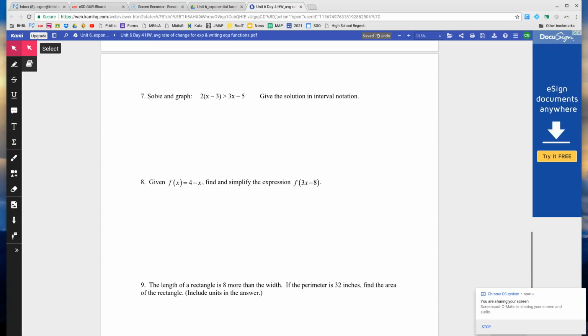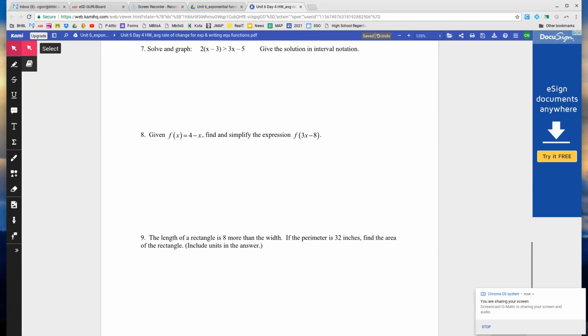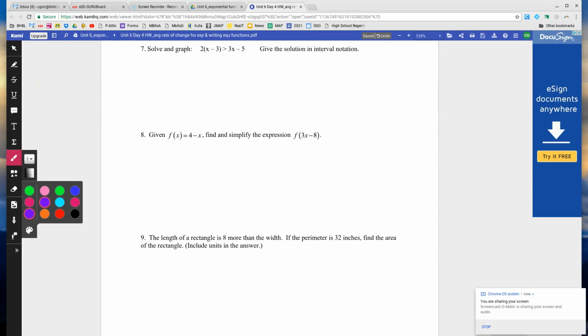Okay, continuing on, let's talk about question 8. So question 8 gives me an f of x and then tells me to find f of 3x minus 8. So if I want to evaluate f of 3x minus 8, I'm going to plug that in for my x. So 4 minus 3x minus 8.